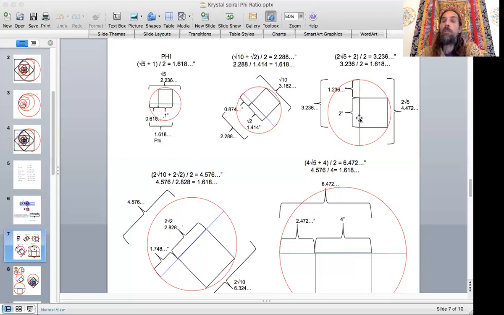And then we've got the 2-inch square, where all these numbers are essentially doubled, because once you double the 0.618 of the 1-inch square we were working with, that gives you 1.236. Similarly here, when you double 1.618, it gives you 3.236. So this is just going to reproduce the phi ratio at another level, the next level up.